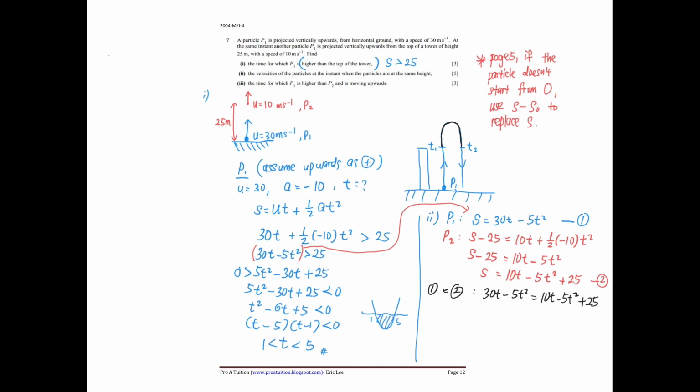After that, I have to solve the equation. The power 2 term just cancels off, so it becomes a power 1 equation. 20T equal to 25. So T equal to 1.25. This is the time where both particles are staying at the same height. And we are not looking for the time. If you look at the question again, we are looking for the velocities.